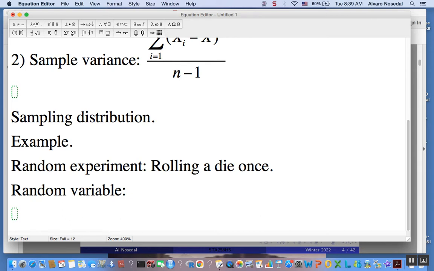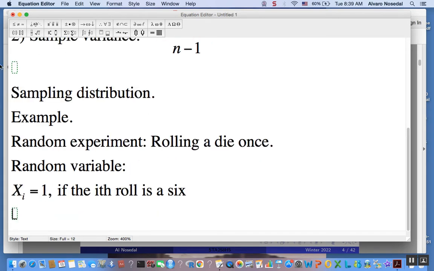Xi will be 1 if the ith roll is a 6, and xi will be 0 otherwise. Make sense?